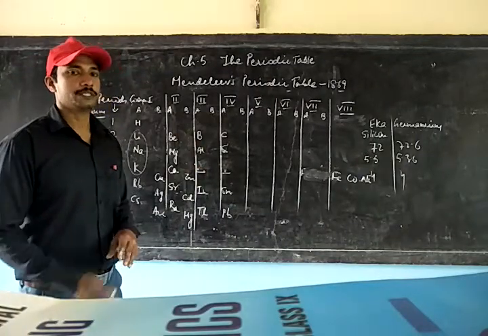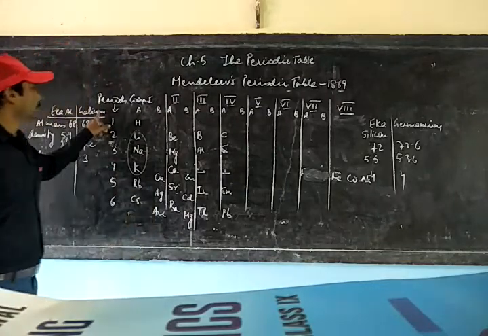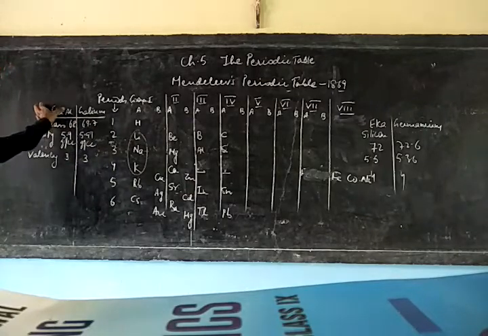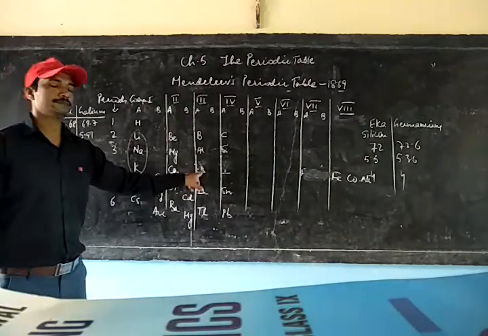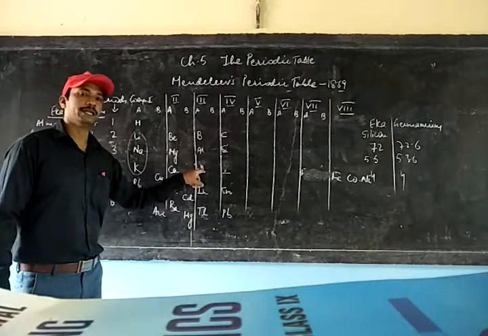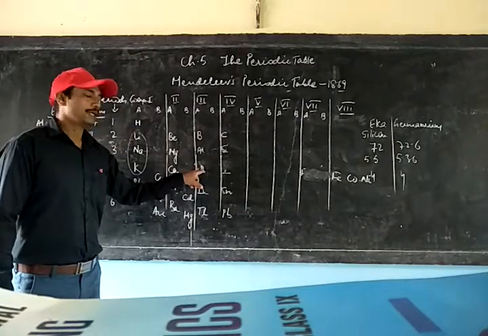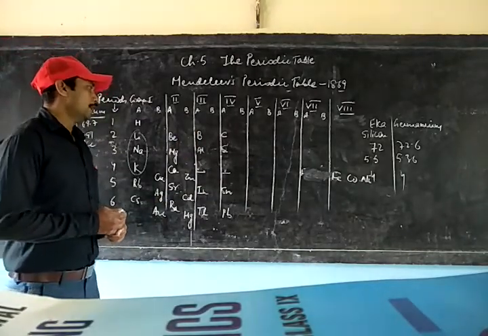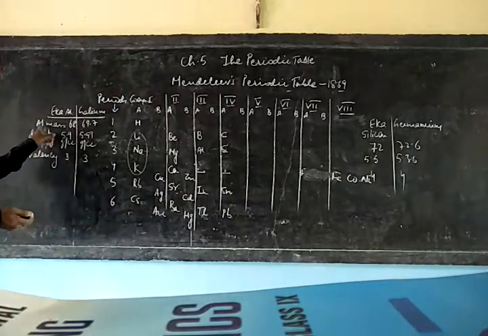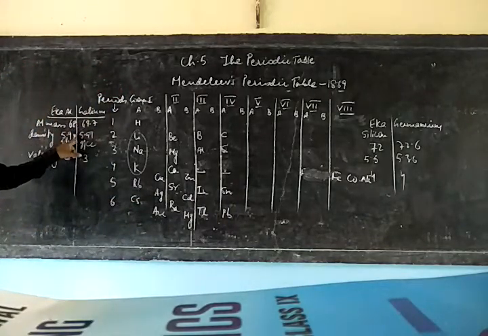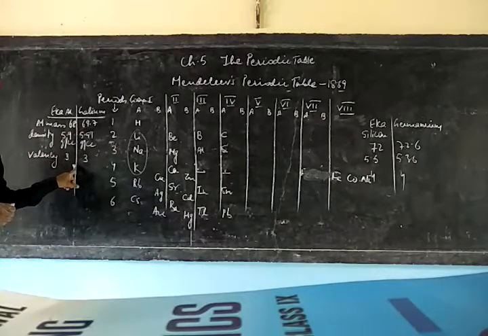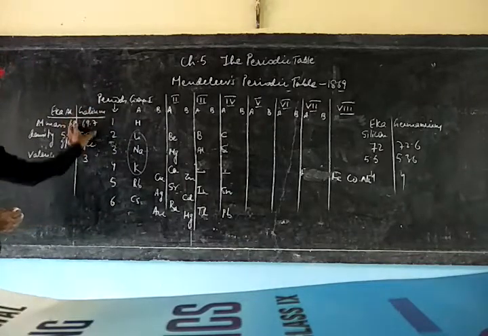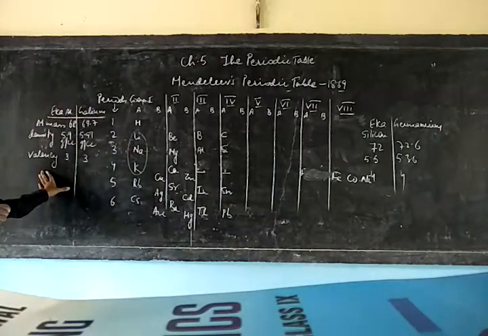Later when it was discovered, it was named gallium, and it had the same properties he predicted for Eka aluminium. He predicted atomic mass 68, density 5.9, valency 3. And when the element was really discovered, named gallium, it had the same properties he predicted.